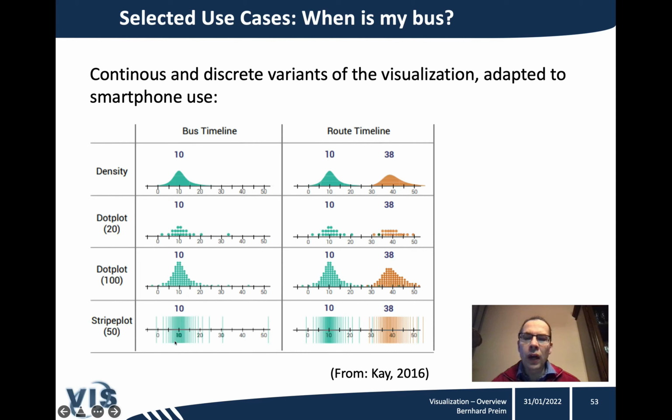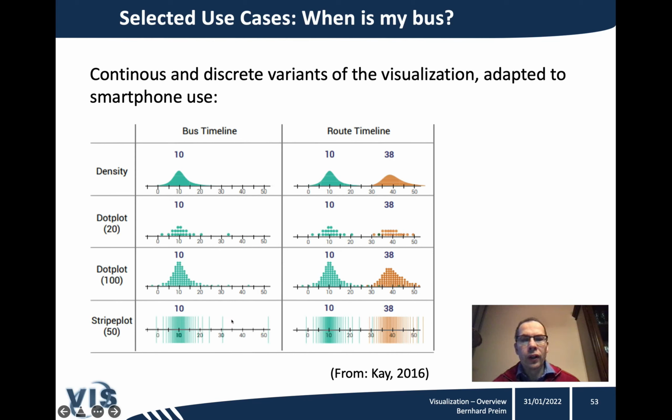And here in a stripe plot where instead of dots, stripes are shown and the density conveys the likelihood that a particular timing applies. So you see that 10 is not only the middle of this distribution, but that all values around 10 are much more likely than values that are further away in the past or in the future.